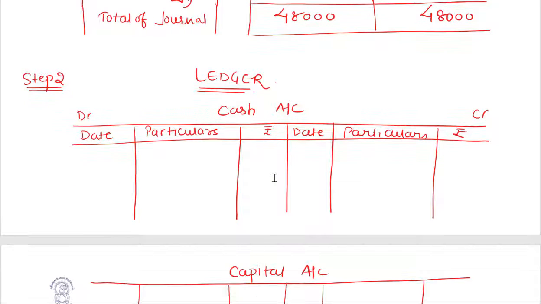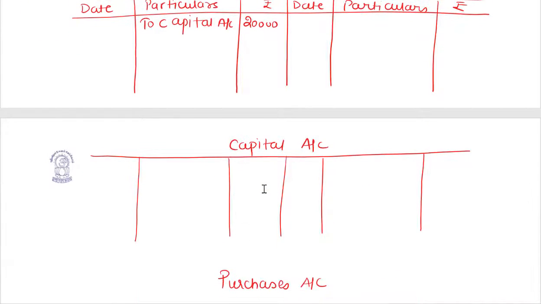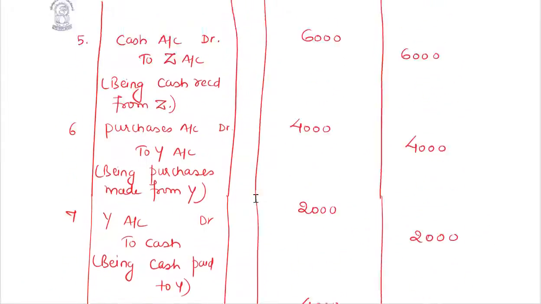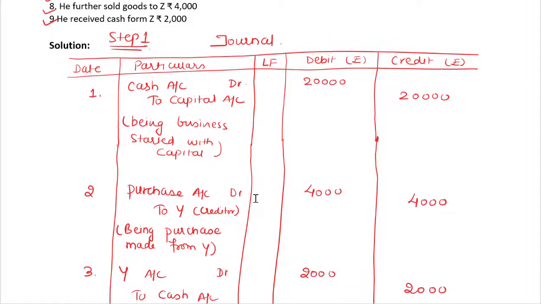So in cash, we are writing to capital 20,000, and in capital we are writing by cash 20,000.